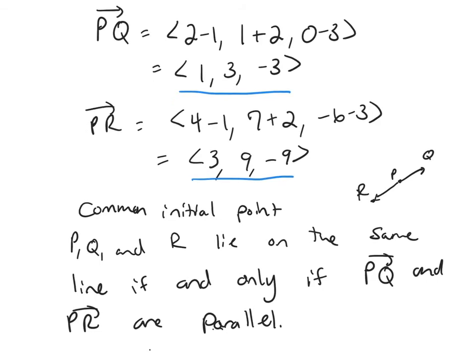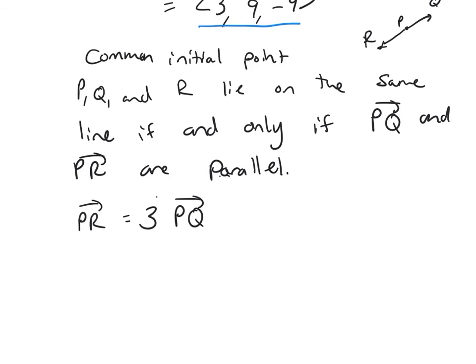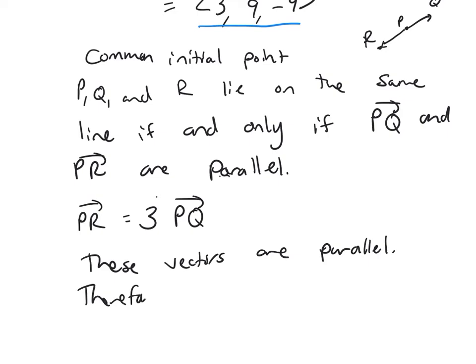So PR is 3 times PQ. So the answer is that these vectors are parallel. Therefore, these points are collinear.